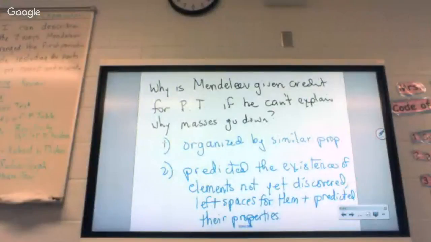Based on the properties of this element with this mass, and this element with this mass, following the trend, this element should have a mass of approximately this. That's how he did it.